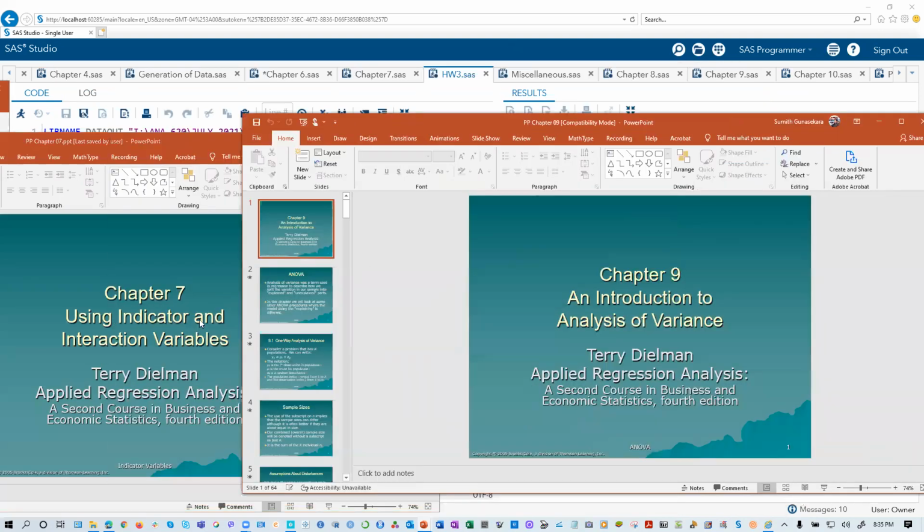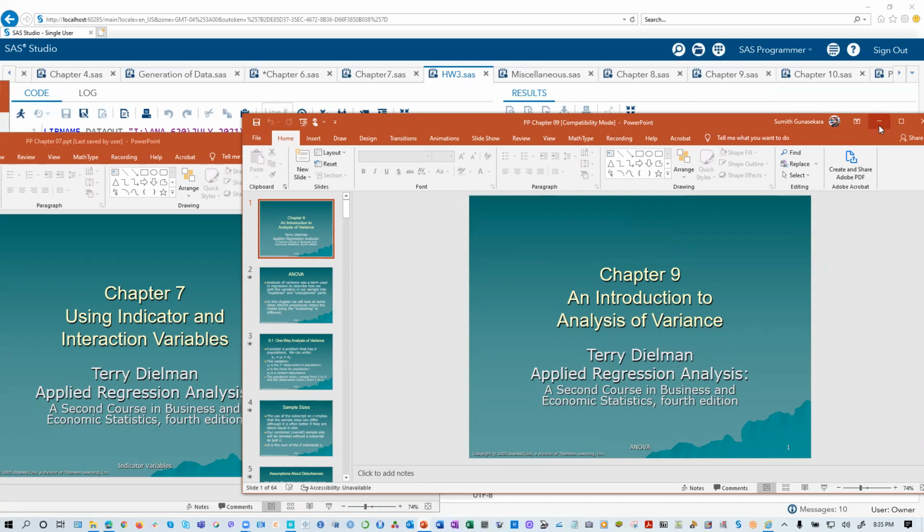Using indicator variables, which are also called dummy variables, we utilize a temporary variable to get our model run and get our results. This one and this one pretty much have the same setup.